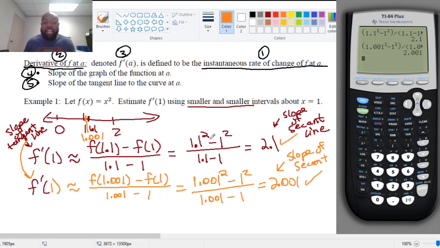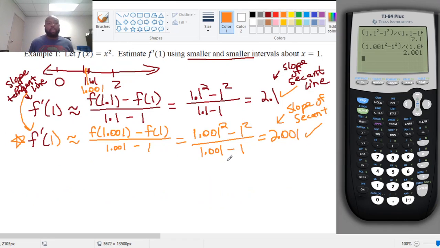Now, in practice, we won't be doing multiple of these. Just starting here will probably get you a close enough estimate, right? But we can tell that there's basically a pattern here, so I'm not going to do any more. But I'm going to say that f prime of 1 pretty much equals 2, all right? f prime of 1 equals 2.